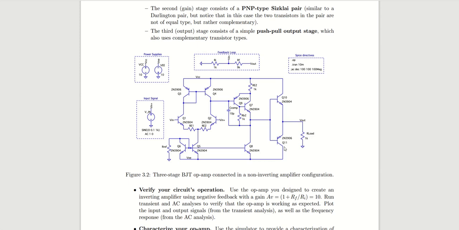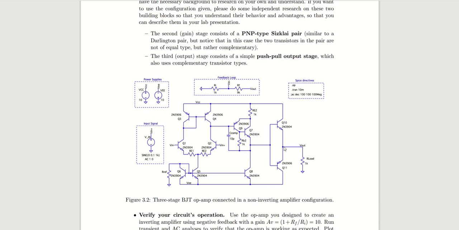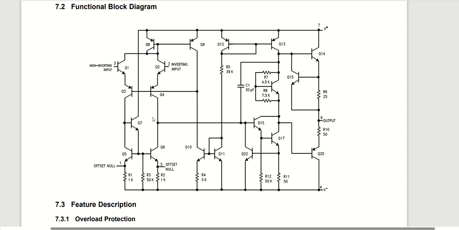So when you're thinking about what design you want to go with, I would first look at a few op-amp data sheets. I've got a few pulled up, and in the data sheet there's going to be a functional block diagram, which is the operational amplifier as if it was made out of transistors.